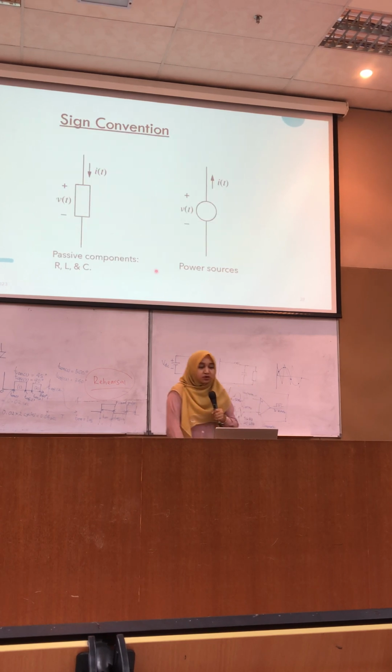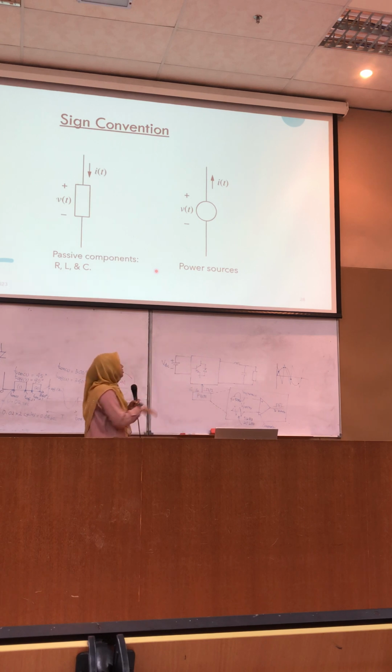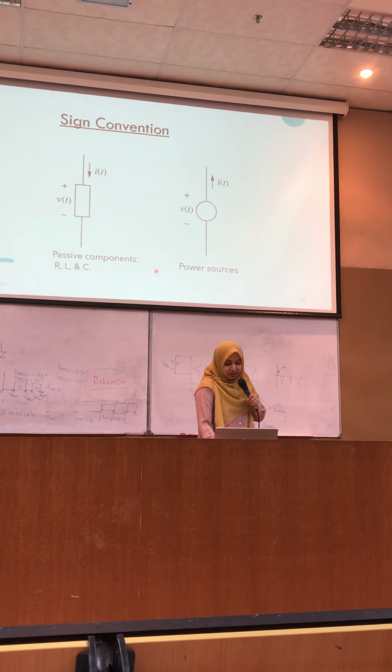Okay, we look at the sign convention. I think you all have followed. If you have a passive component, this is how you represent it. Regardless of whether it's a resistor, inductor or capacitor, you just put it in a box. This is how the current flows, and you place the voltage across the passive component over here.